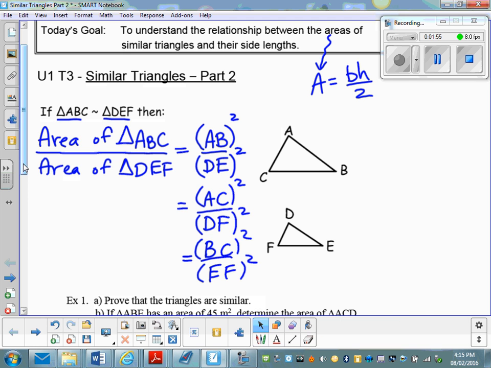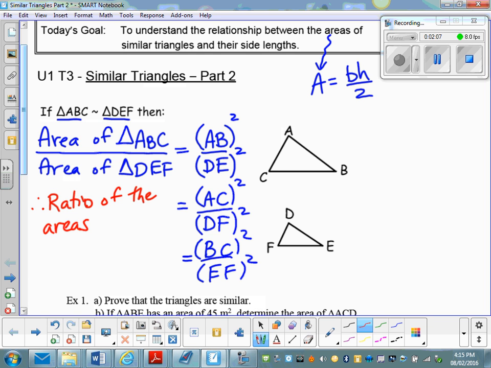So if we were going to write that in words, we would say the ratio of the areas is equal to the ratio of the squares of the corresponding sides.